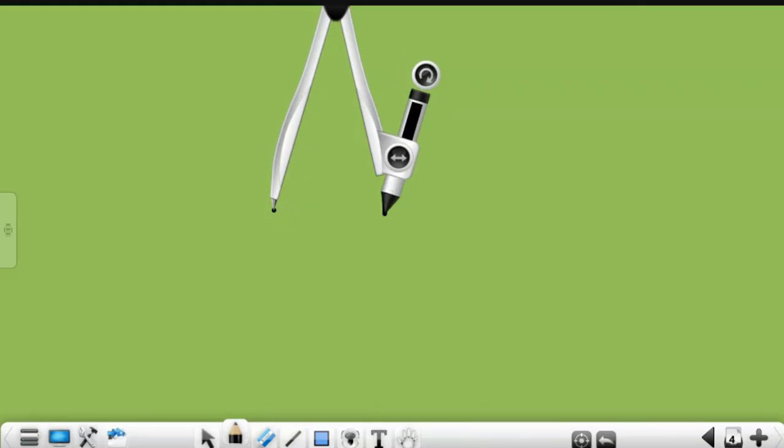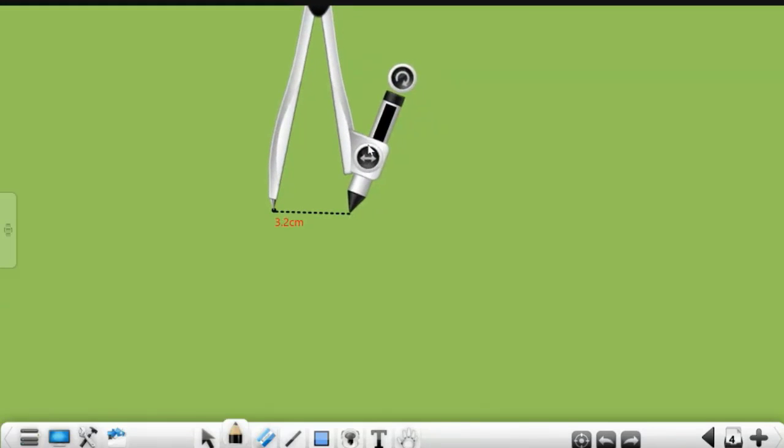For me, I no need to put on the ruler. I just show you all because I have this one, you can see the length. So I make it 4.